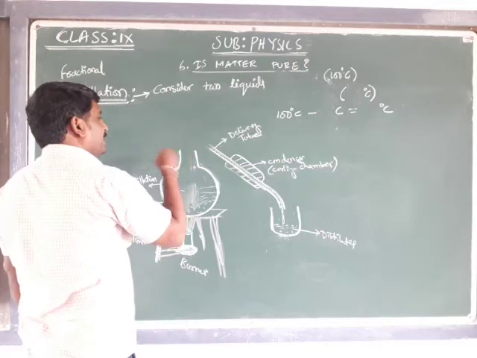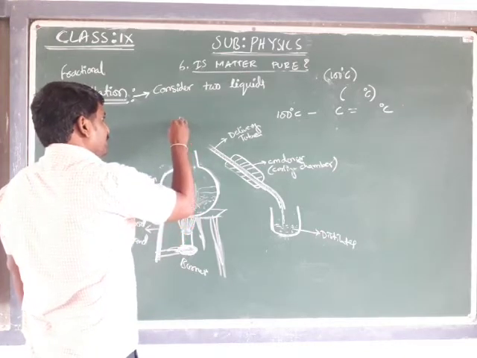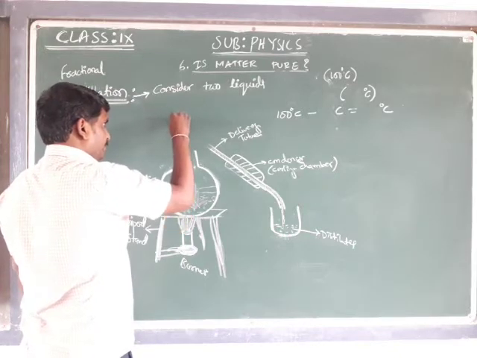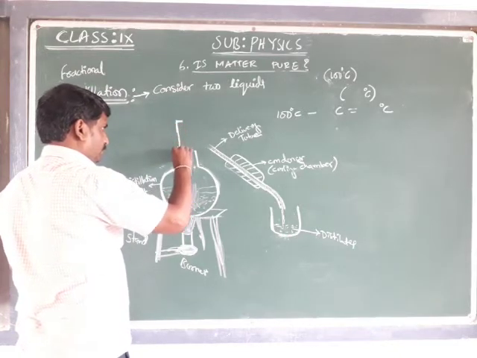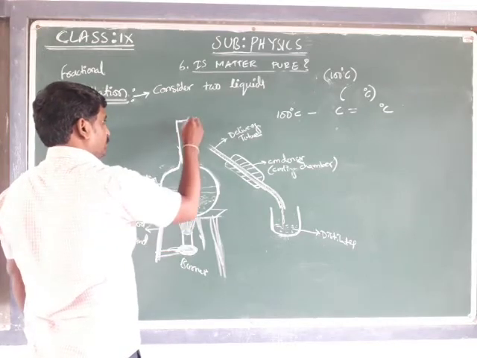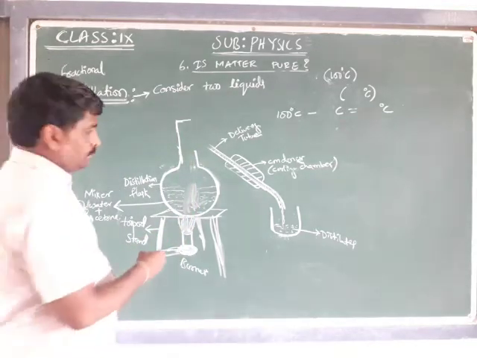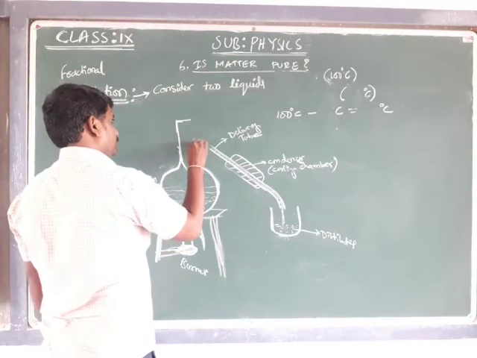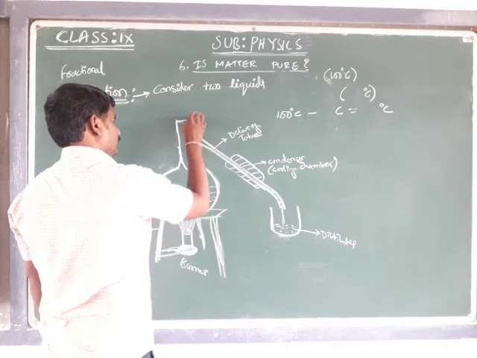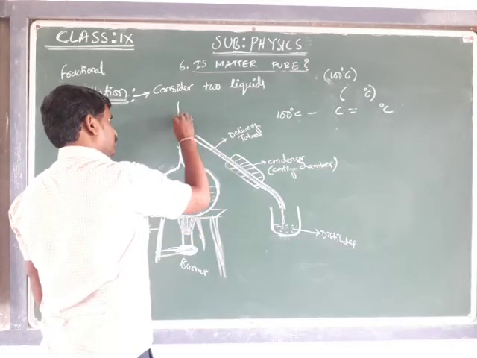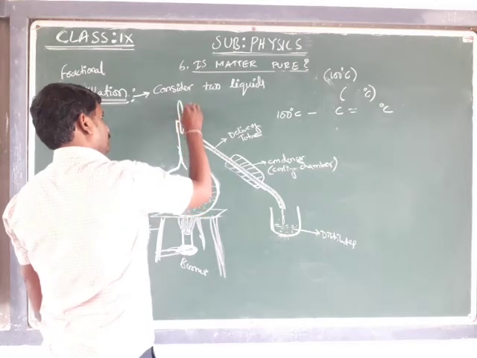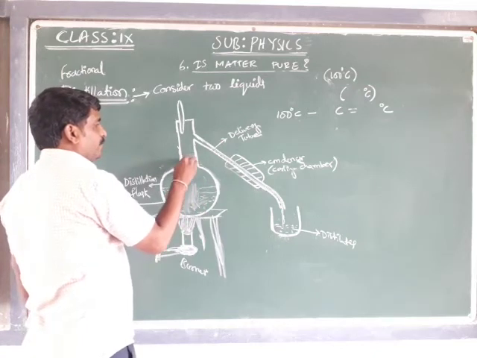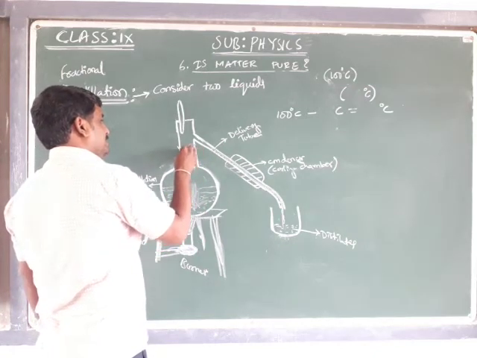For this distillation flask, we are going to attach a fractionating column, an extra chamber, which consists of some glass beads.